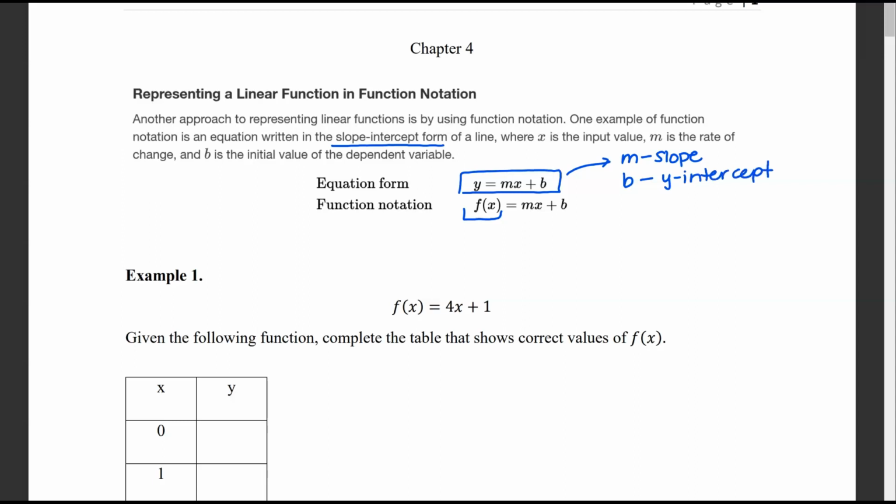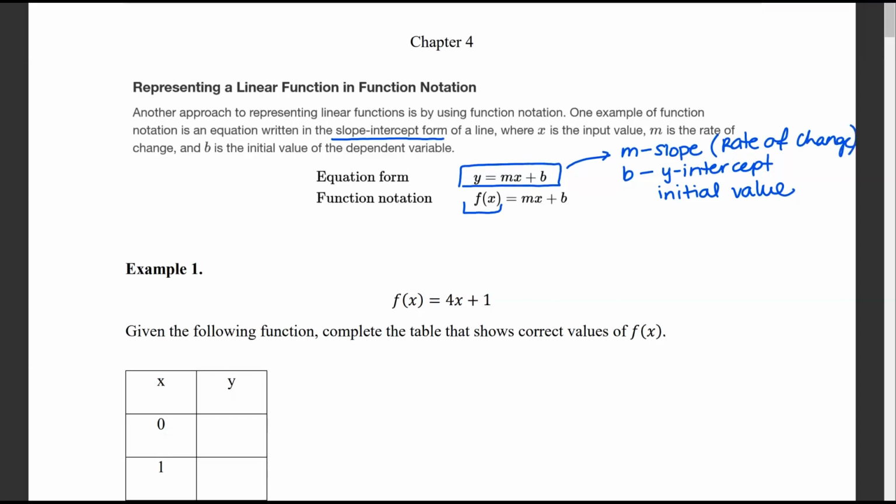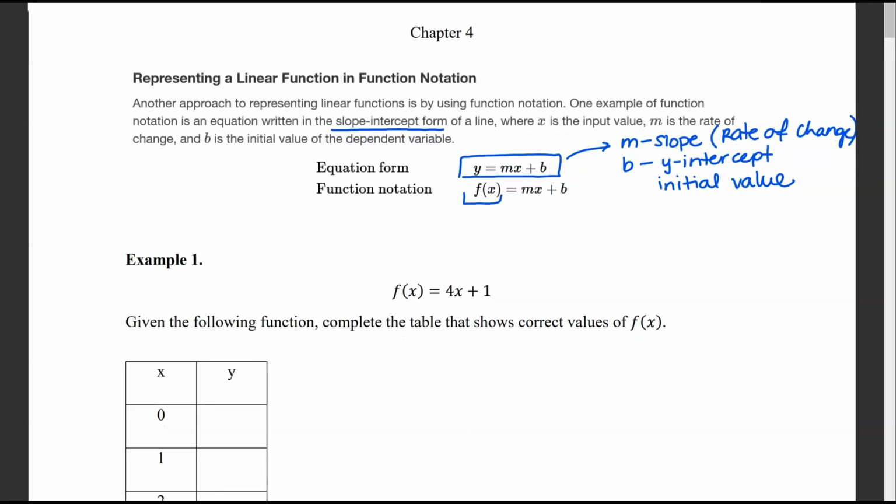I also want you to think of b as being your initial point, your initial value, where x is the input value and m is the rate of change, right? And so again, slope is rate of change. And then we have our initial value of the dependent variable, which is our b.